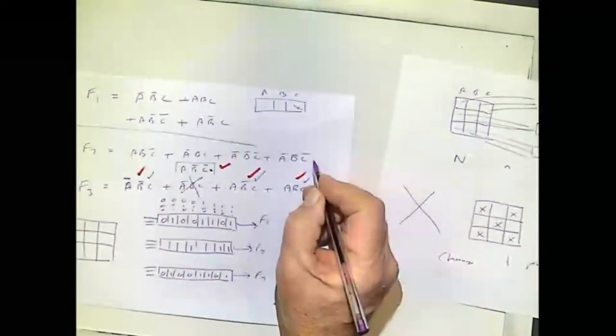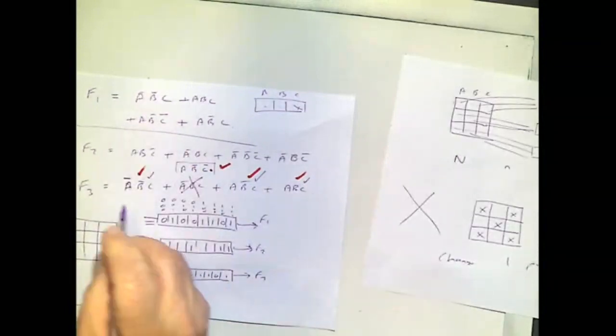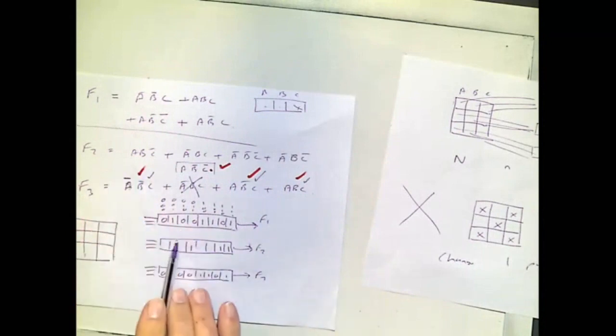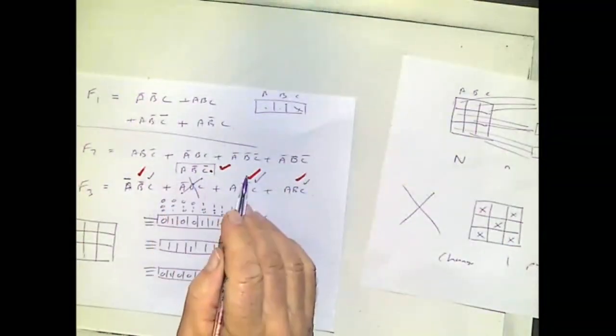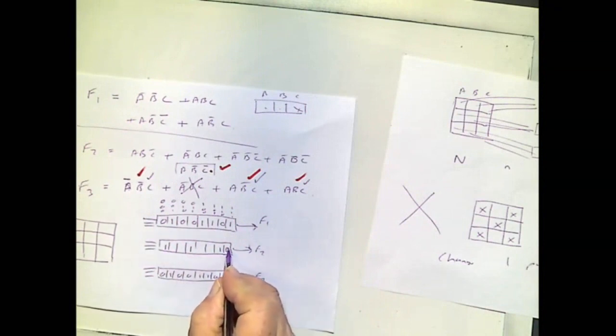Oh, I've got the wrong one, damn it. That was 0. The 7 was 0. I'm doing F2, aren't I? Not A, not B, not C. Which is 6, 3, 0 is, and 4. So that's a 0 there.